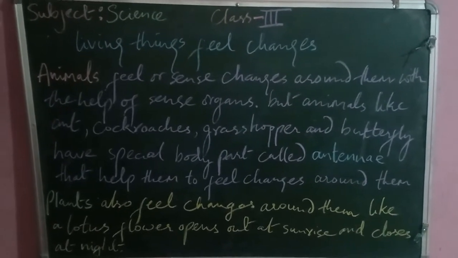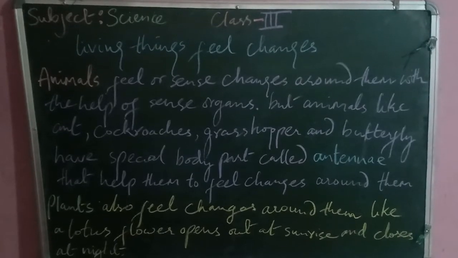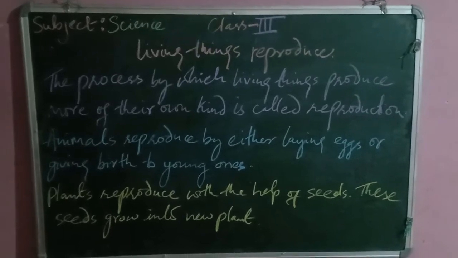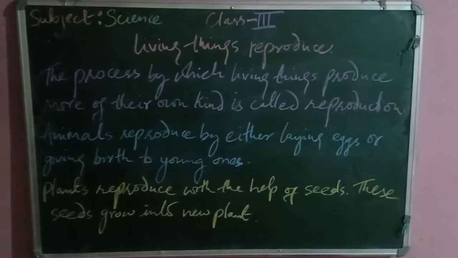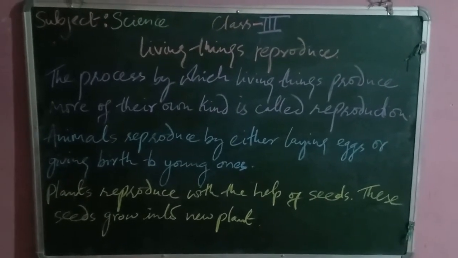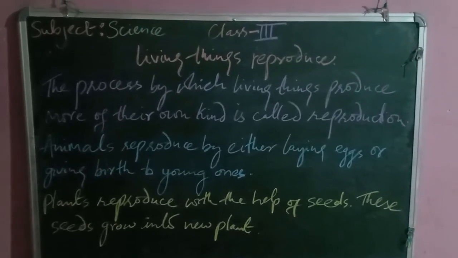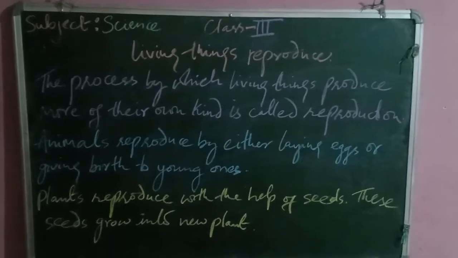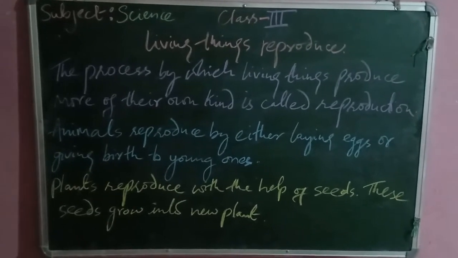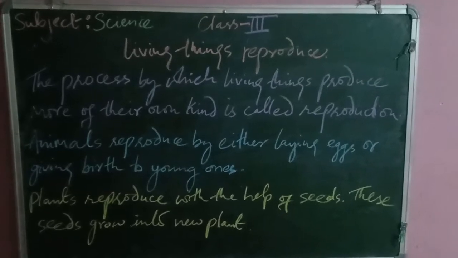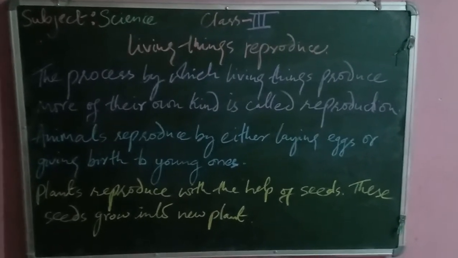Moving on, the next topic we have is living things reproduce. The process by which living things produce more of their own kind is called reproduction. The process of giving birth to their young ones is called reproduction.